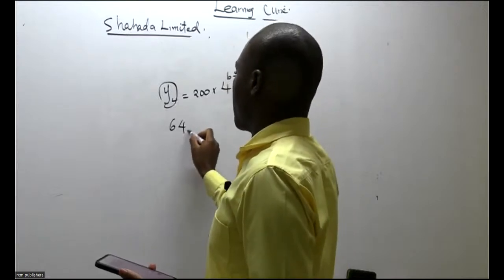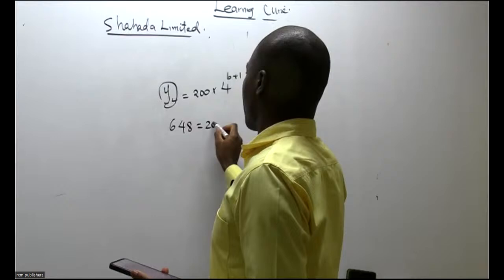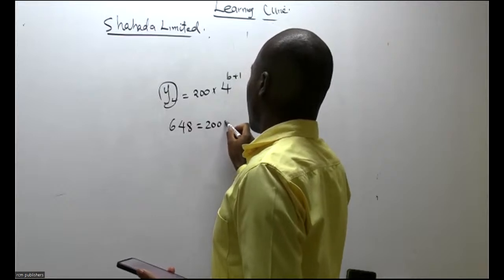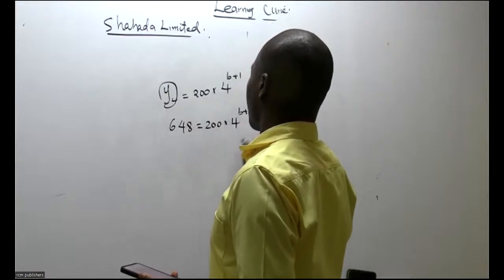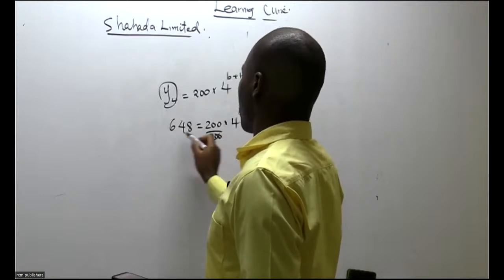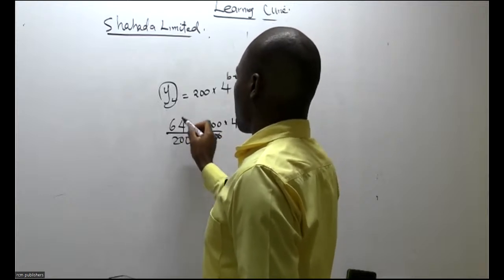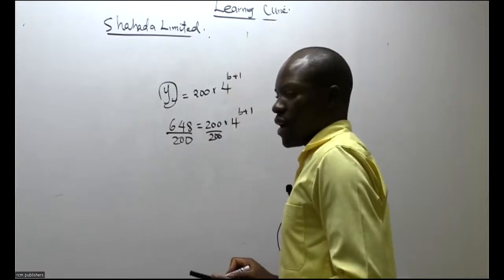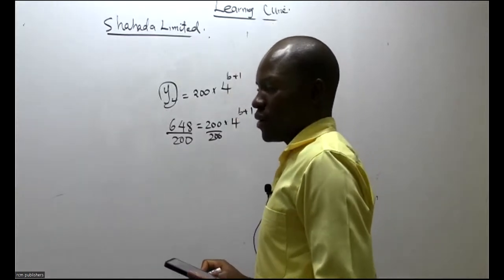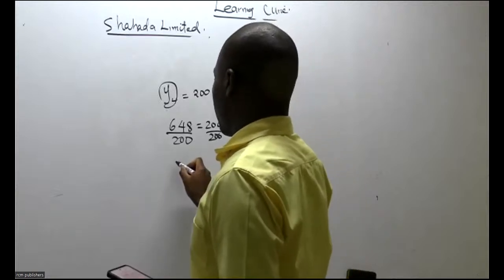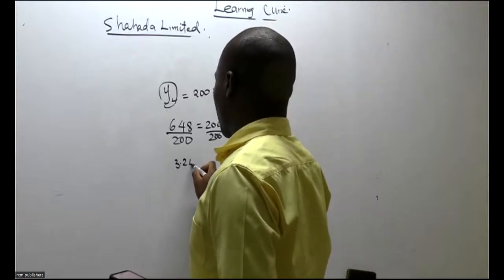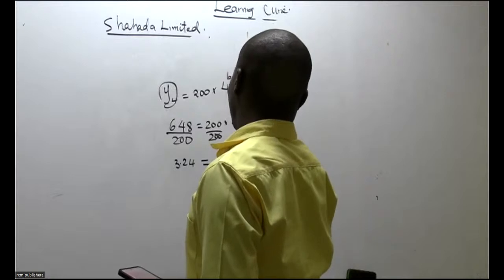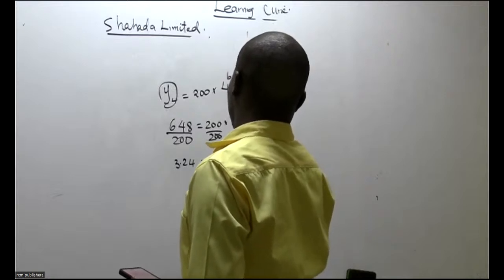So 648 is equivalent to 200 times 4 raised to the power B plus 1. So divide both sides by 200. 648 divided by 200 gives us 3.24 is equal to 4 raised to the power B plus 1.